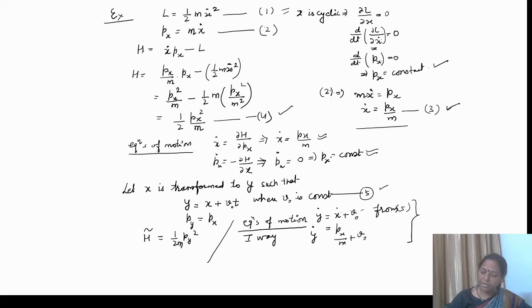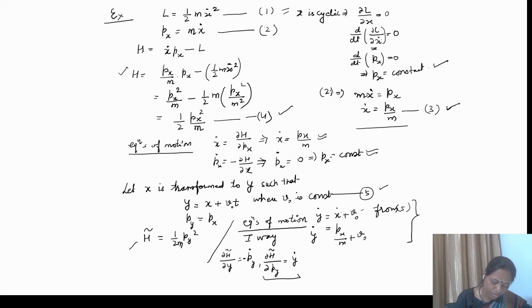Now I am trying to find the equations of motion from our H, which I have defined here, because both should be the same. You see that H and H bar are defined like this. Now with the help of H bar, I get equations of motion as delta H bar by delta y equals minus py dot, and delta H bar by delta py equals y dot.